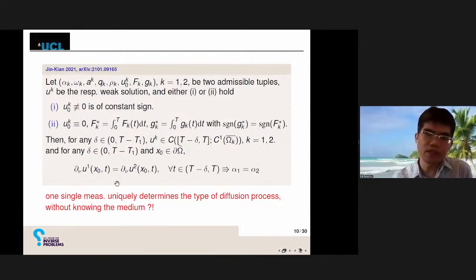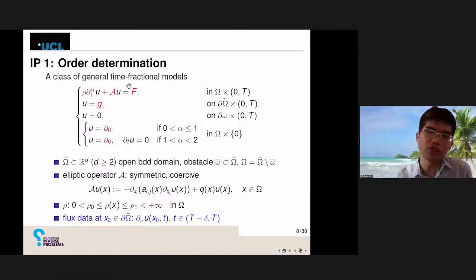So basically, it says that one single piece of measurement can uniquely determine the type of diffusion process. We still don't know all the other rho, A and F or these other parameters, but at least we will know what the alpha value is. So we have some idea what type of diffusion process or transport process we are actually investigating.